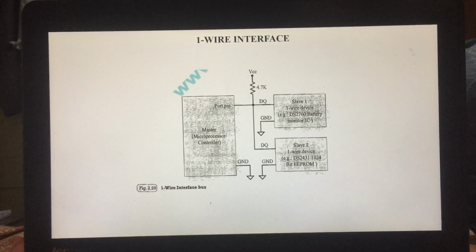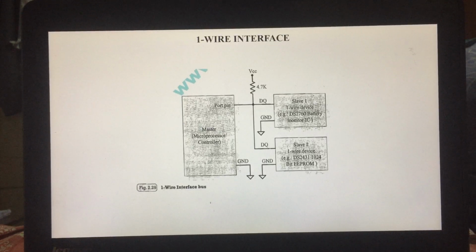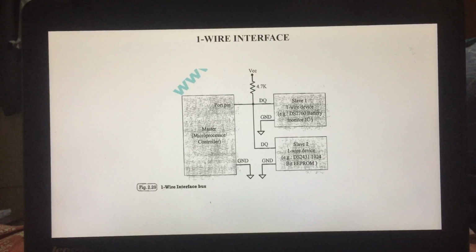For writing a bit value of 1 on the one-wire bus, the bus master pulls the bus low for 1 to 15 microseconds and then releases the bus for rest of the time slot. Bit value 0 is written on the bus by master pulling the bus low for a minimum of 1 time slot and a maximum of 2 time slots.